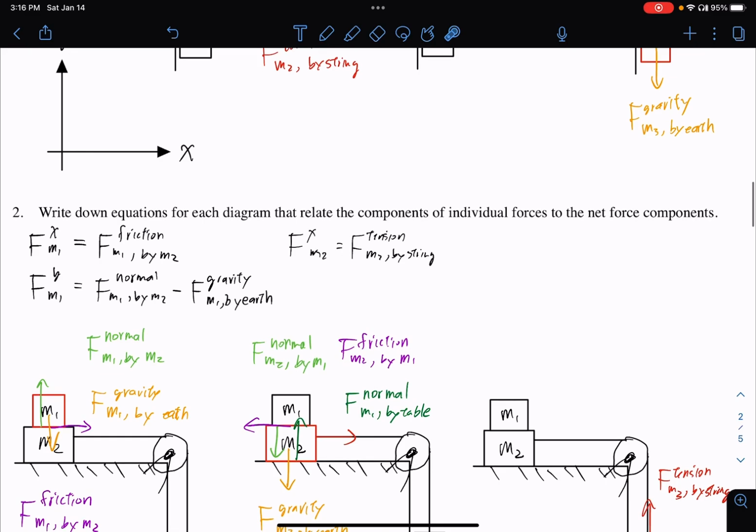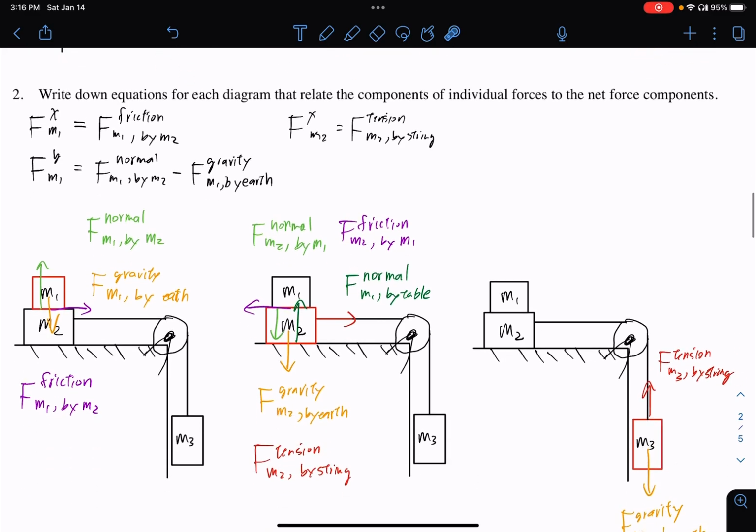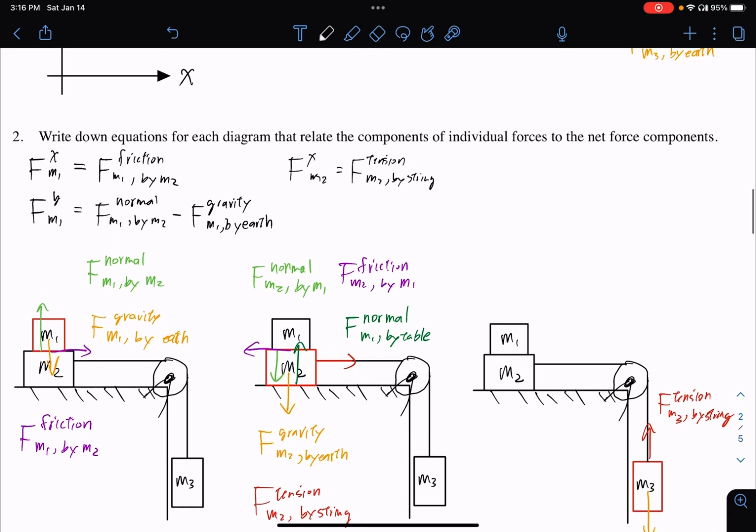And again, because we use right as the positive x direction, the friction on M2, which is pointing to the left, will be negative for the x component. Therefore, we have to subtract the friction that is acting on M2 by M1.